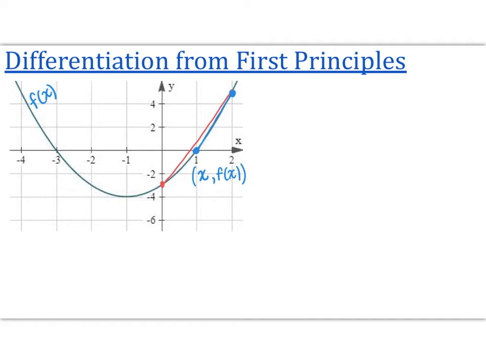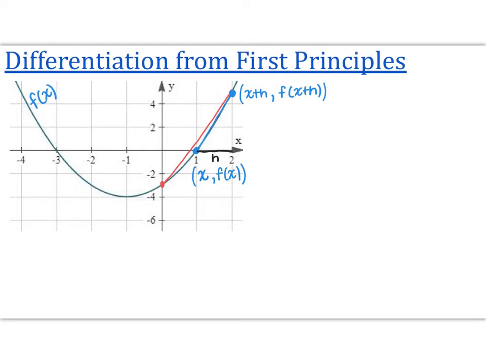To get from here to here, this distance is called h. So to get to that next point, it would be x plus h across, because we started at x and now we're going h more across, and then the y value would be f of x plus h. So now we've got these two coordinates that I've written in blue.